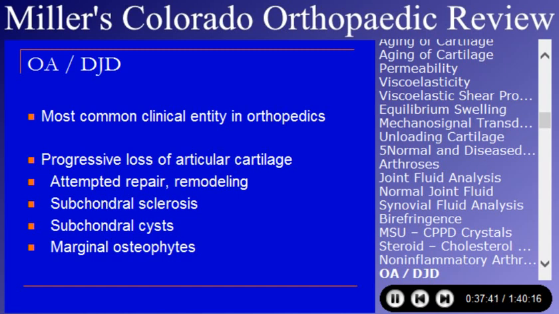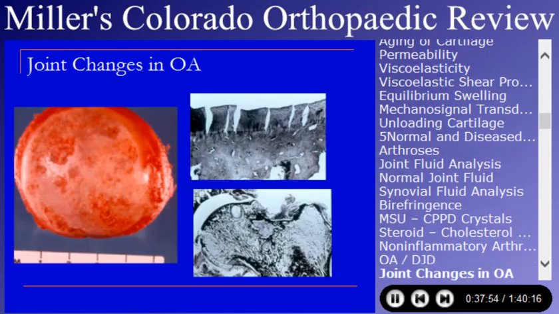Y'all are all familiar with it. Progressive loss of articular cartilage. Pathologically, you see an attempt at repair and remodeling, subchondral sclerosis and cyst, and marginal osteophytes. A picture of osteoarthritis showing the worn-off bone with the little buds of granulation tissue trying to heal.